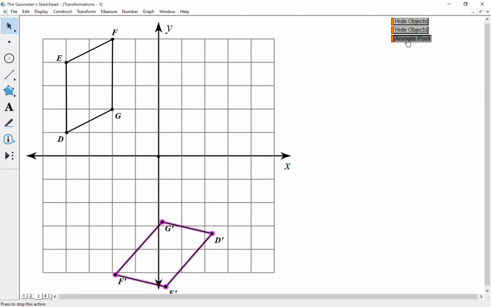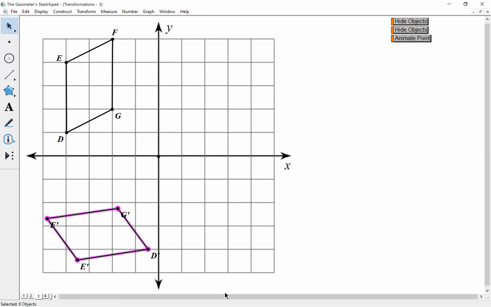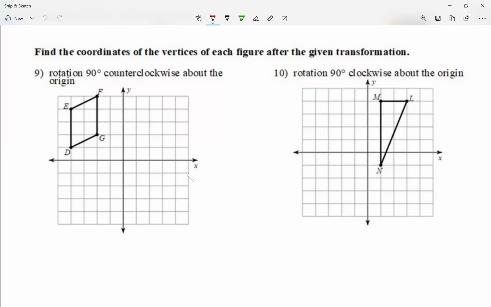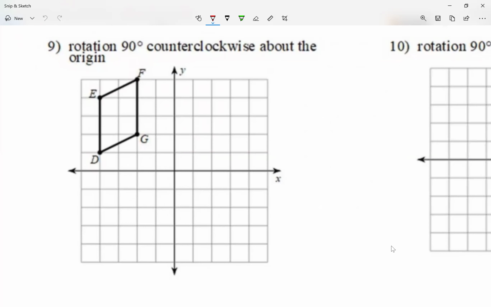Now, what if it was going the other way? Then we call that counterclockwise. So if you go the direction of the clock, you go clockwise. If you go the opposite direction, you go counterclockwise. So it makes sense that on my instructions, I asked you to rotate it 90 degrees counterclockwise. So that's what it says there, counterclockwise.